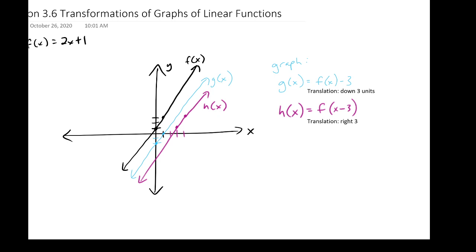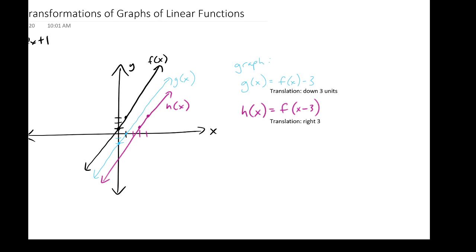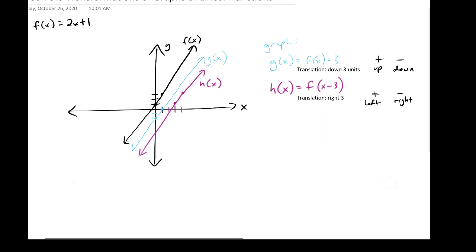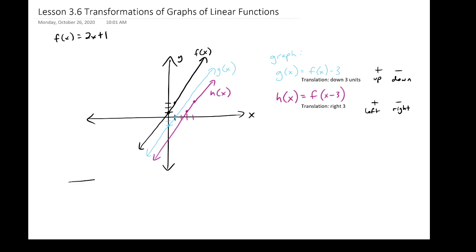I don't know how to really explain it better than that, but effectively it works like this: positive means up, negative means down, positive means left, negative means right, when we're working with horizontal and vertical transformations.